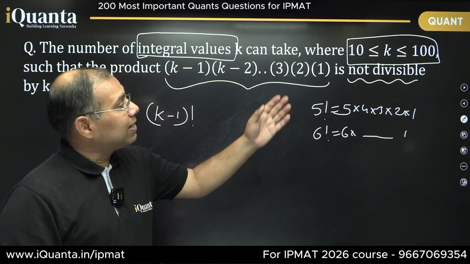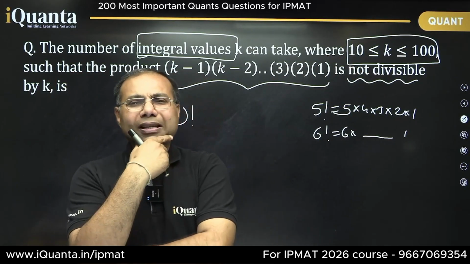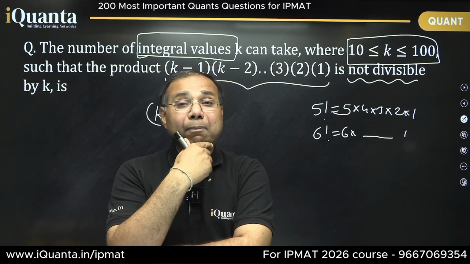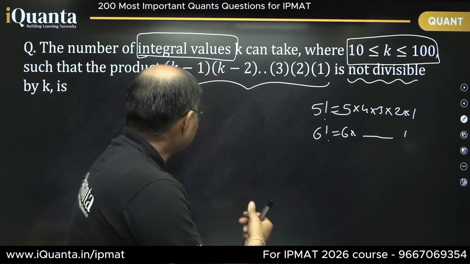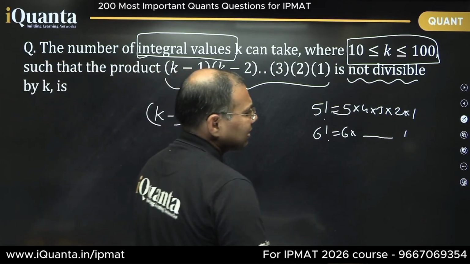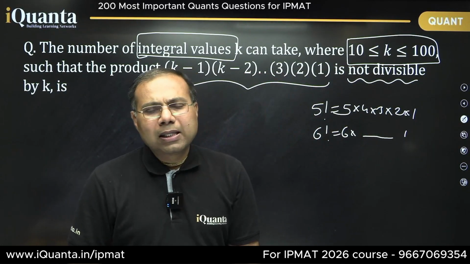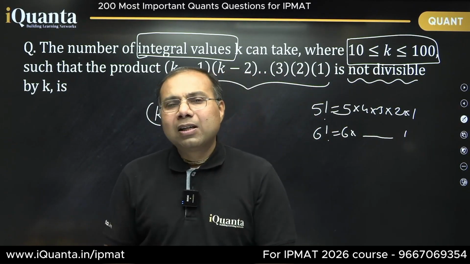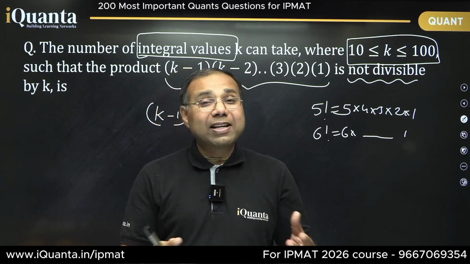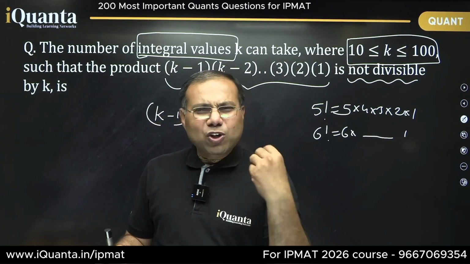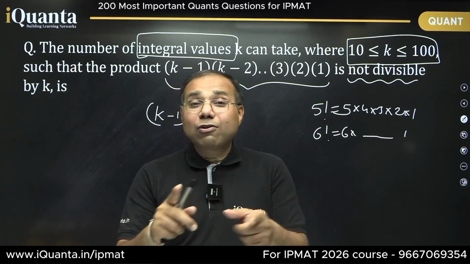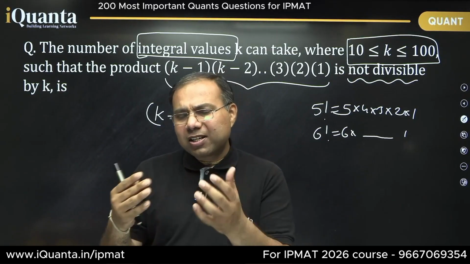Okay, and we have a range of k. There is no formula for that, nothing. We need to see what happens. Okay, let's try to identify. If I start with the smaller values, I have said it many times, specifically with numbers, it is true for many other topics as well, but specifically for numbers, there are no direct shortcuts. But a pattern would be there. Some conjecturing would be there.